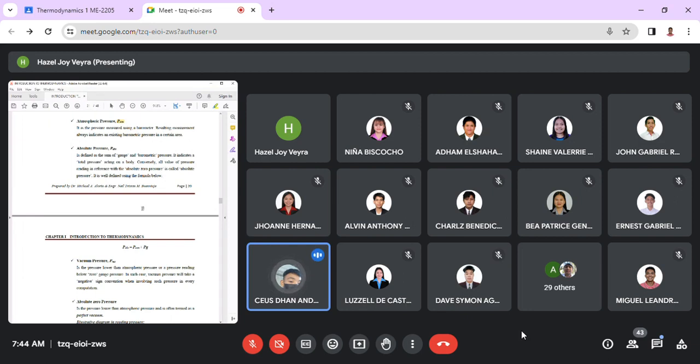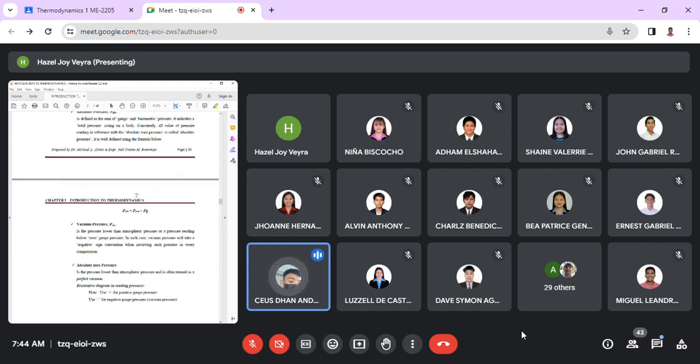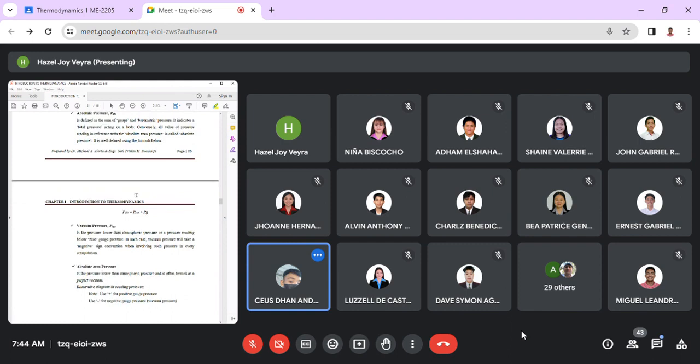It indicates a total pressure acting on a body. Conversely, all value of pressure reading in reference with the absolute zero pressure is called absolute pressure. It is well defined using the formula below. Absolute pressure is equal to P atm plus or minus P gauge. Correct.